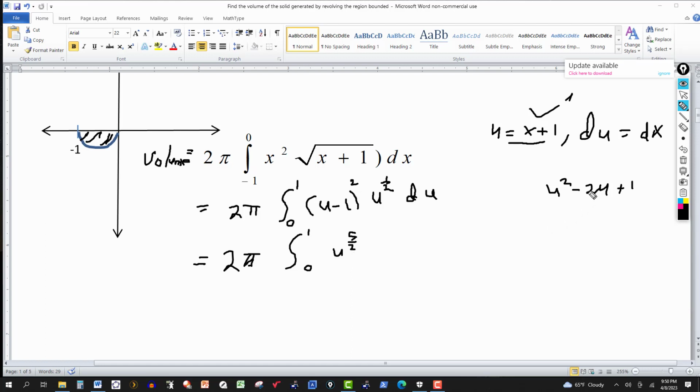And then minus 2u times u to the 1/2 will give me u. Add the exponents, 1/2 and the u, this will be 3/2.